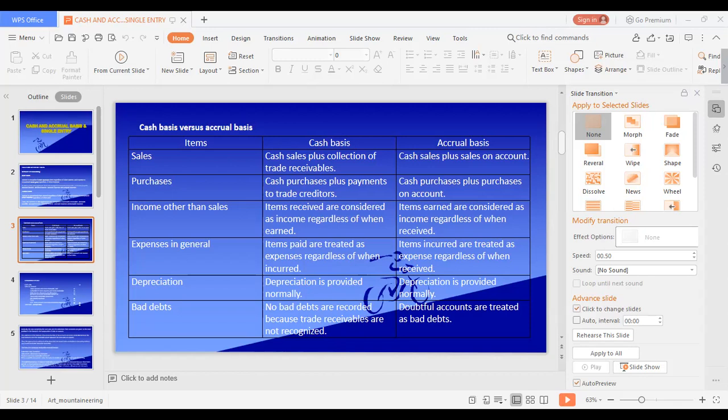So finally, the income statement: sales, given 4 million, cost of goods sold, purchase minus the inventory, and we have now your cost of goods sold, leaving the gross profit.